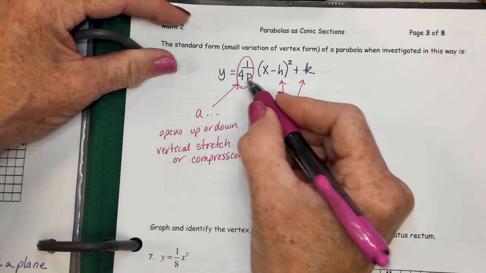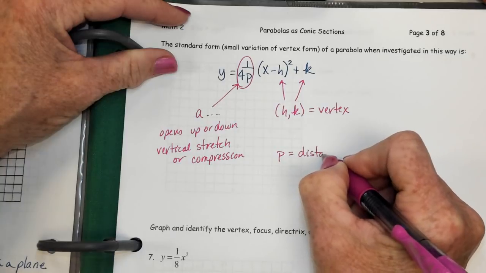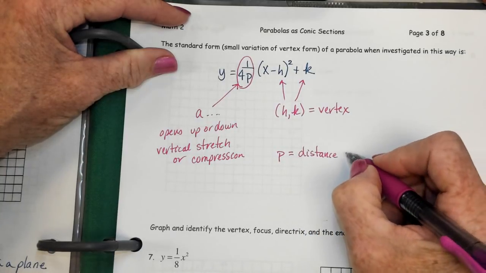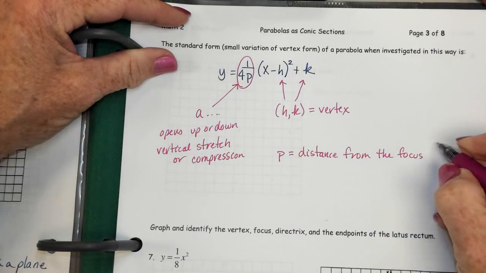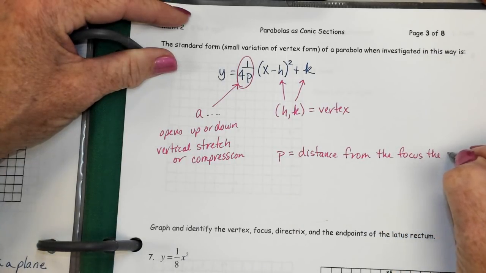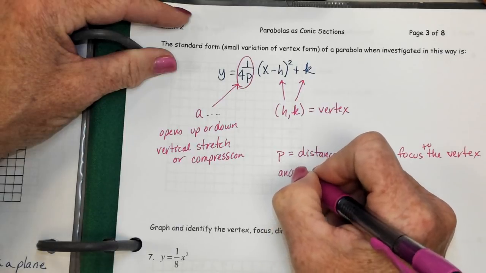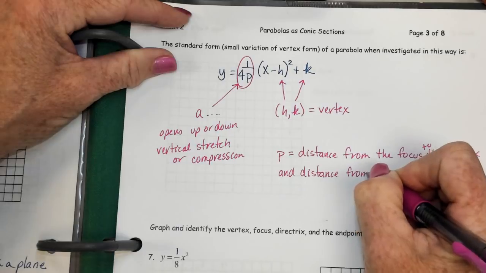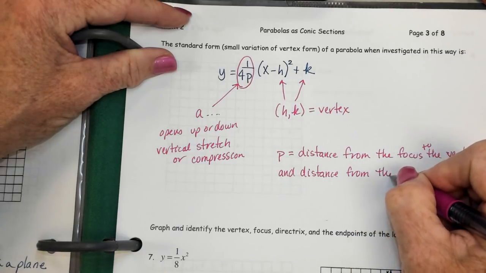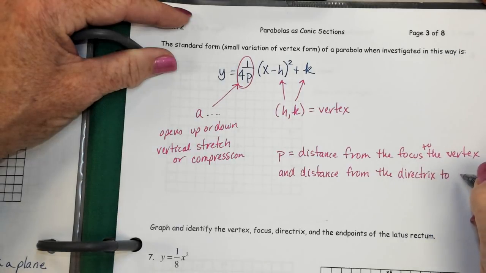This p is what's new, and that p is the distance from the focus to the vertex, and it's the distance from the directrix to the vertex.